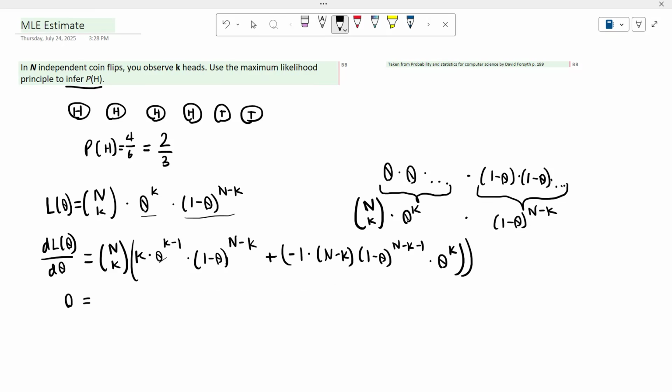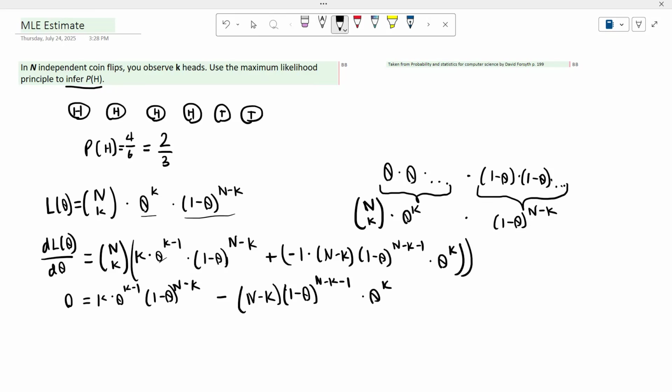So that would give us 0 equals k times theta to the k minus 1 times (1 minus theta) to the n minus k, and then plus negative 1, so I'll just do a minus here, minus, in parentheses, n minus k times (1 minus theta) to the n minus k minus 1 times theta to the k.